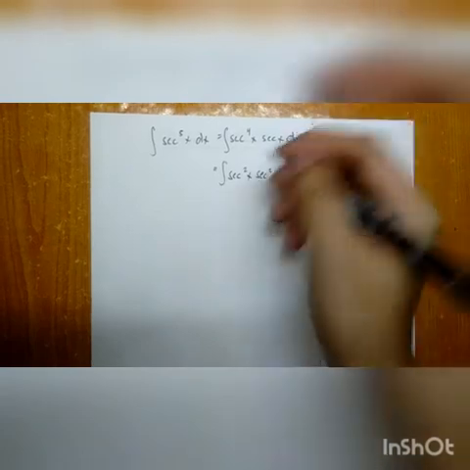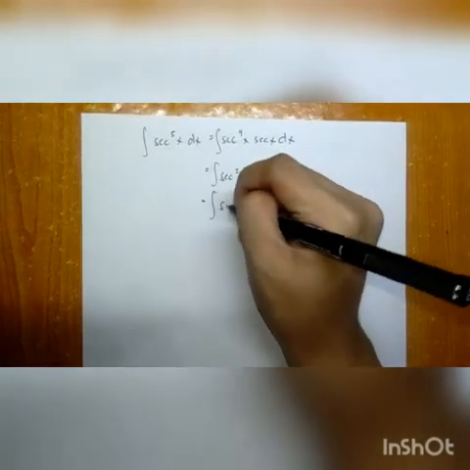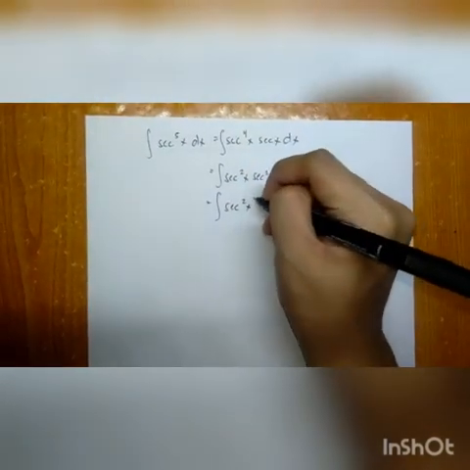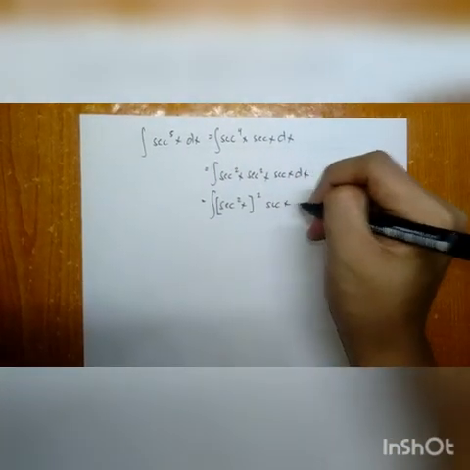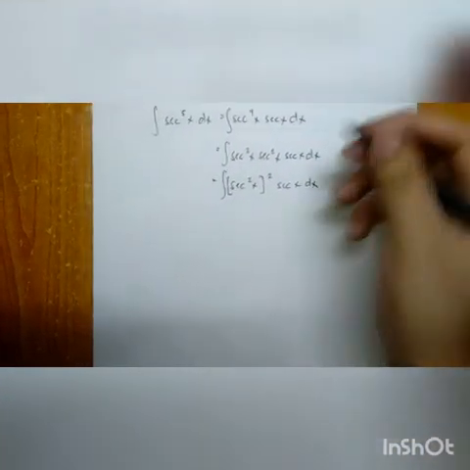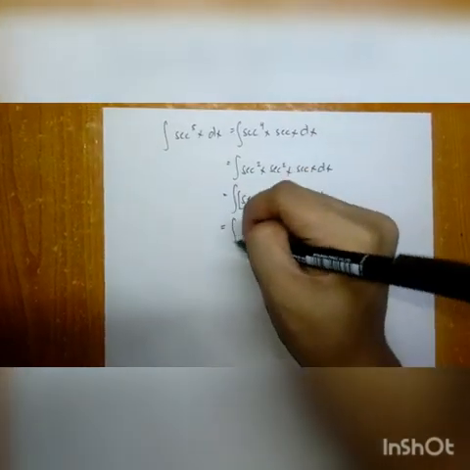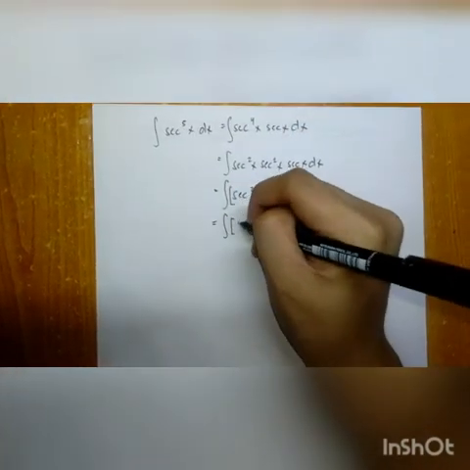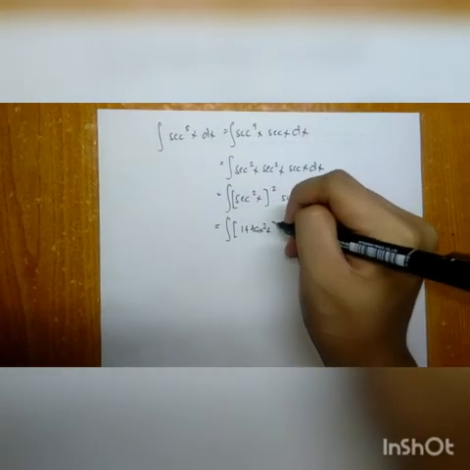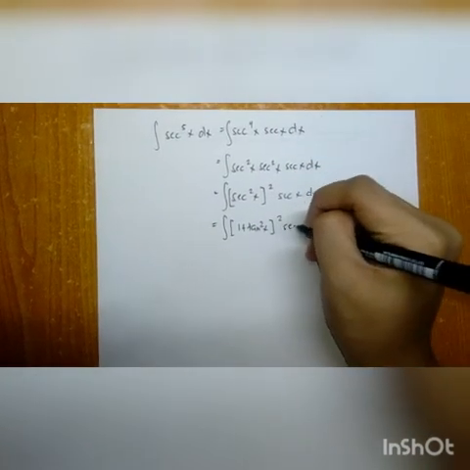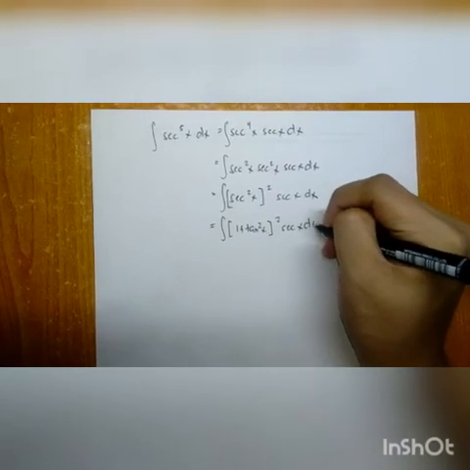Now, this can be written as secant squared x, squared, times secant x dx. We all know that secant squared is equal to 1 plus tangent squared x, squared, times secant x dx.